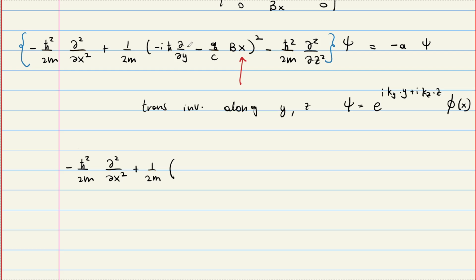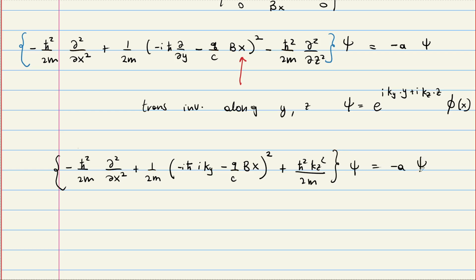So here every time I take the derivative, I'm going to have minus I h bar times I ky minus q over c bx, squared, and here I'm going to have plus h bar squared kz squared over 2m. Right? This entire thing is sitting on psi and giving us minus a psi.